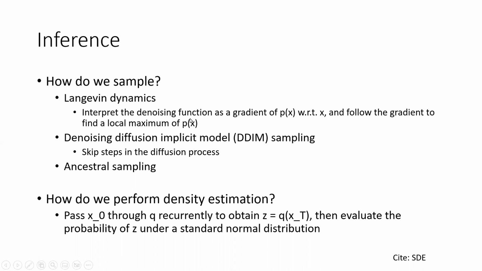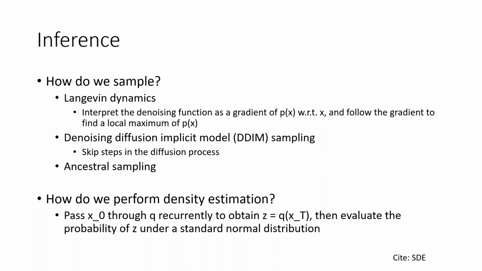Some papers have shown that this can be interpreted as a type of sampling called Langevin dynamics, where you interpret the denoising function as a gradient of the probability density function over X. And you just follow that gradient to find a local maximum of the probability density function. And that is your denoising process, following that gradient to a local maximum.